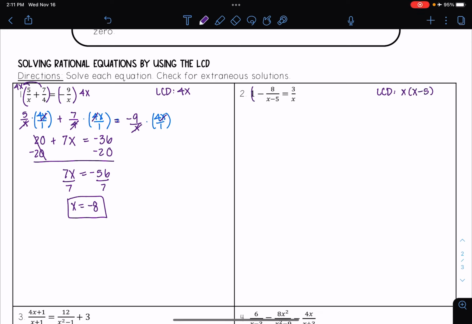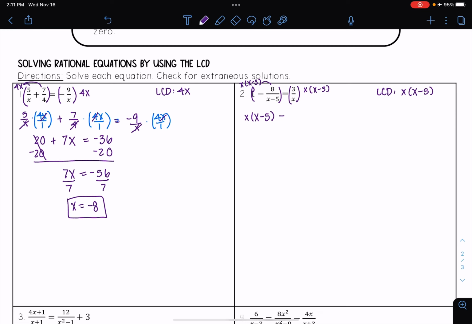So I'm going to multiply the left-hand side by x times x minus 5, and the right-hand side as well. When I multiply the left-hand side, I'm going to distribute that to the 1, and that gets me x times x minus 5.